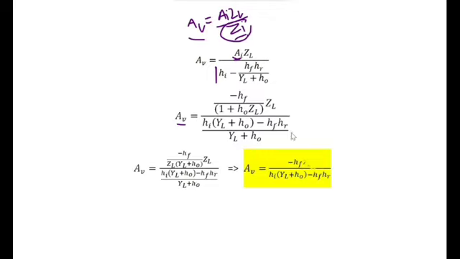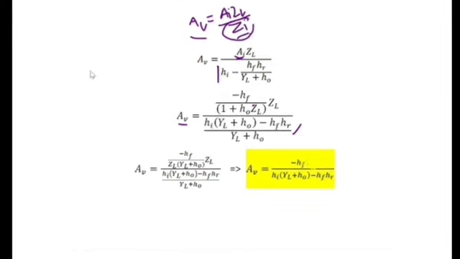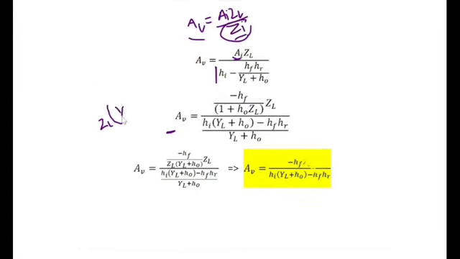If we further simplify this equation, if we take ZL as common in this term, then we will get ZL into 1 by ZL plus HO.